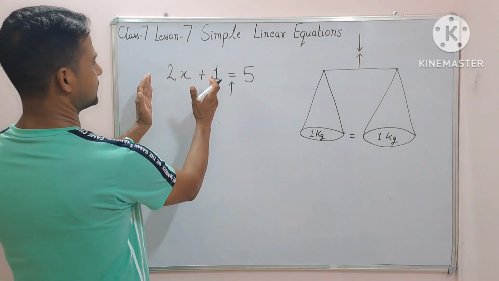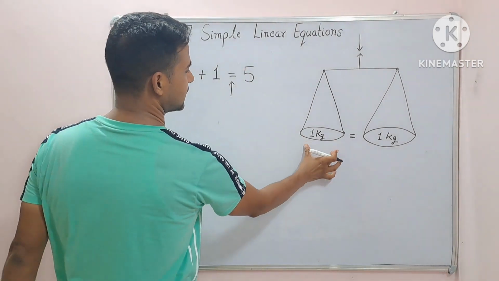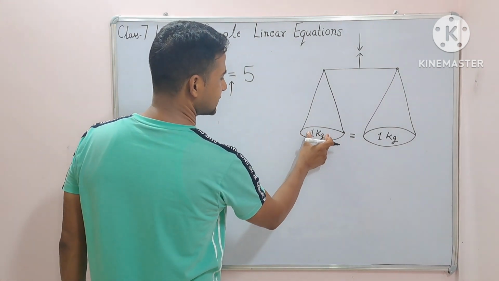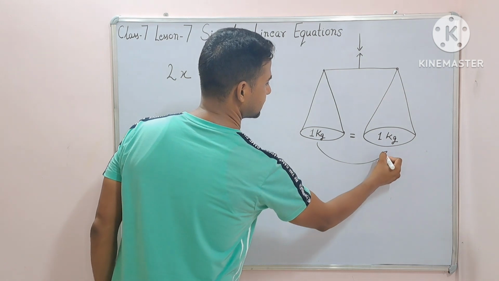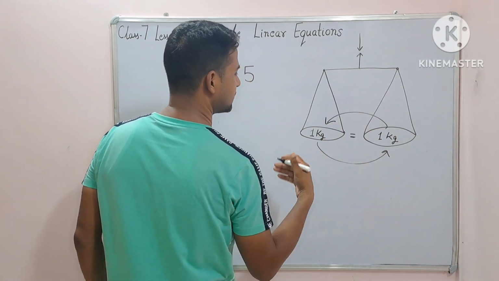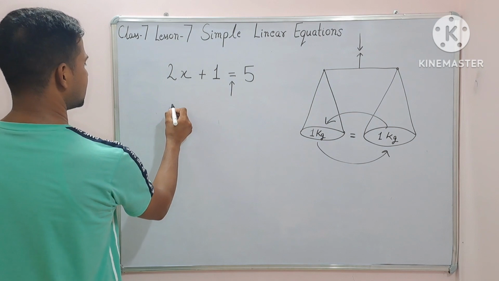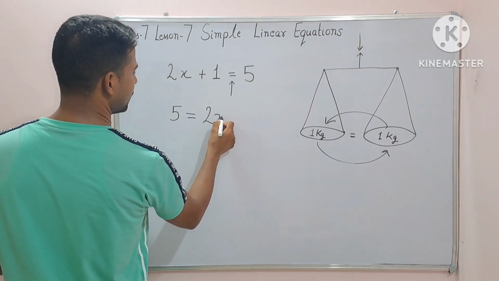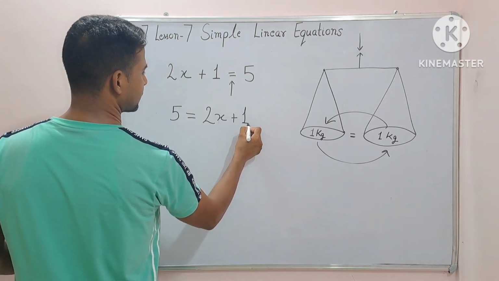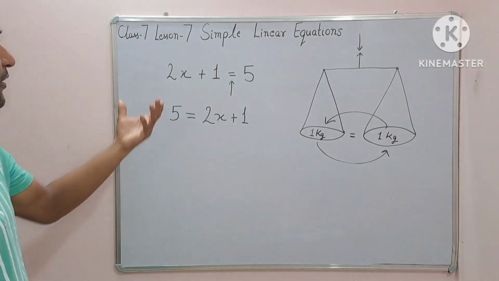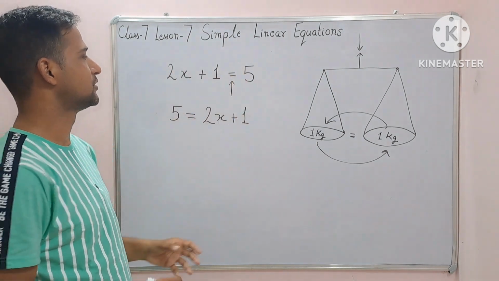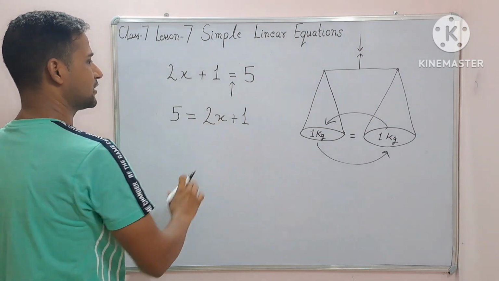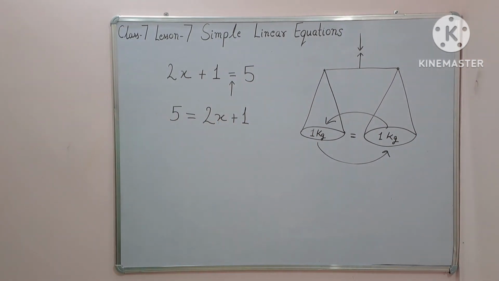If we interchange the sides, no change. So we can write 5 is equal to 2x plus 1. Any problem? Very simple. When two things are equal, interchanging them makes no difference. This is a property of equations.